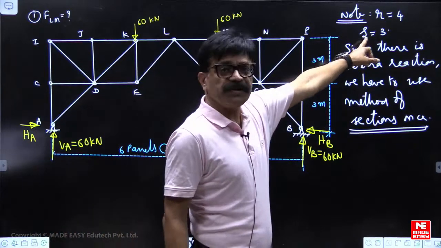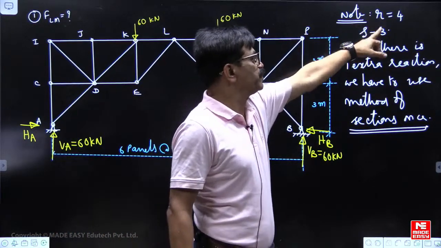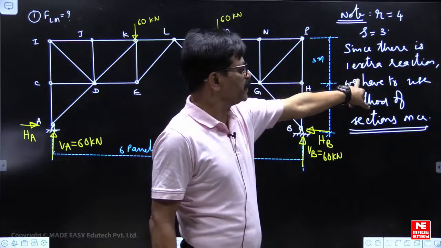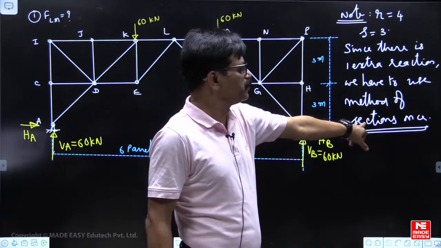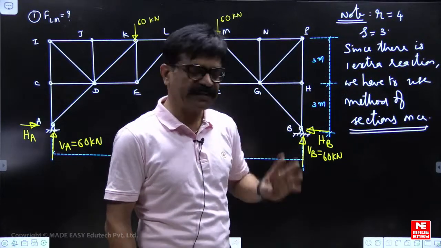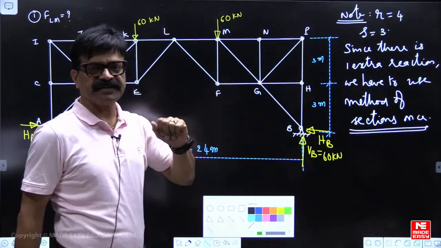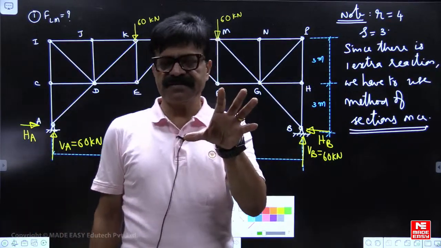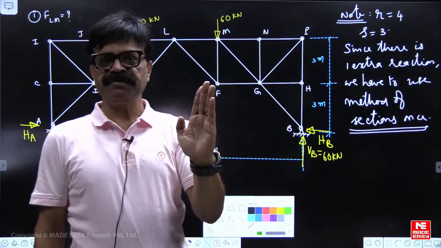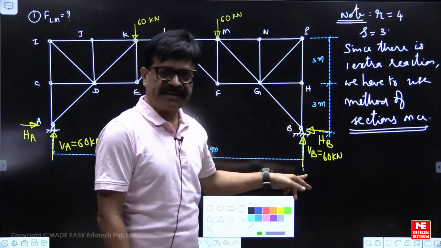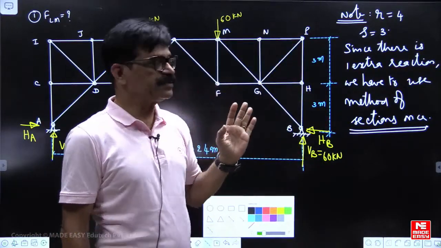So we have only 3 equations of equilibrium and 4 reactions. One extra reaction is there, so you have to use the method of sections to find the reactions. How to use it? You must cut the truss such that the unwanted members, other than the reactions, meet at one point.